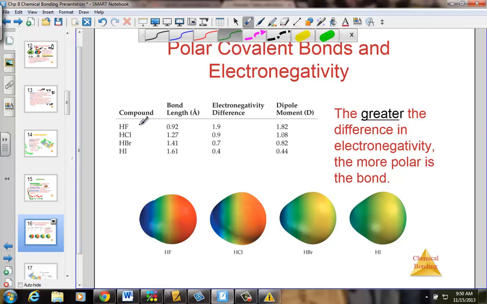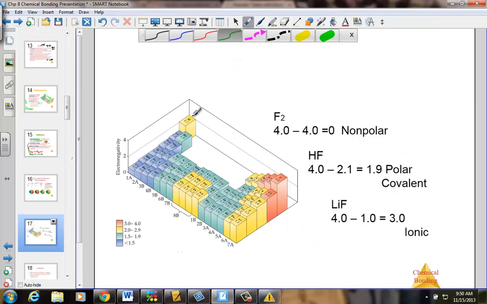HF, hydrofluoric acid, or hydrogen fluoride if it's in a gaseous phase, a very polar bond. Electronegativity difference between H and F is 1.9. Let's see what that means. Hydrogen value 2.1. Fluorine value 4.0.